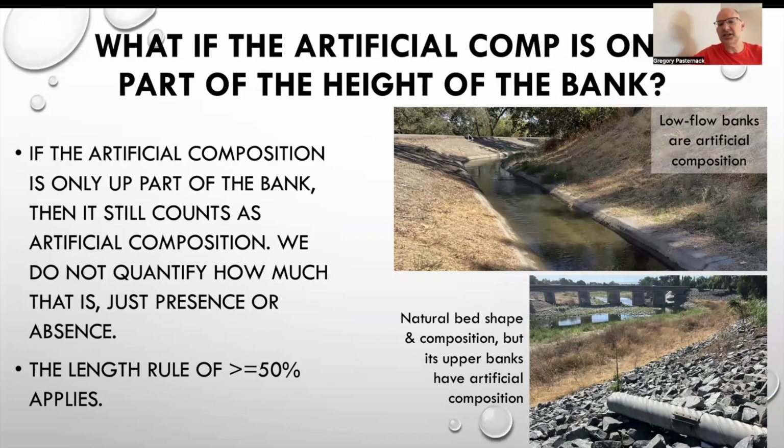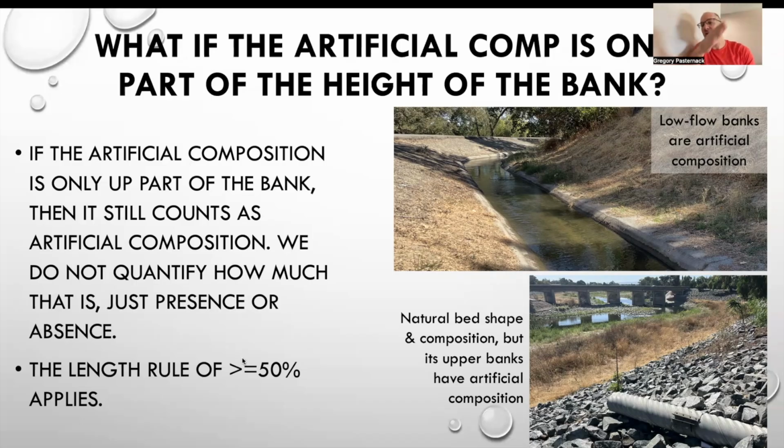We've taken the decision that regardless of how much of, if you think of like the length of the bank from the toe of the channel up the bank all the way to wherever you get onto the valley floor away from the channel quarter, along that whole distance, if there is any length that's greater than 50% that is artificial material, we're considering it artificial.